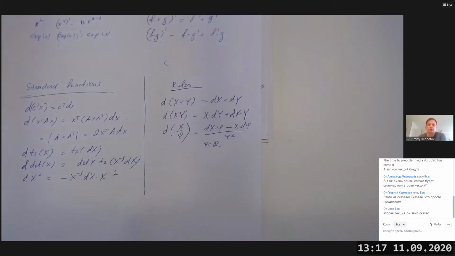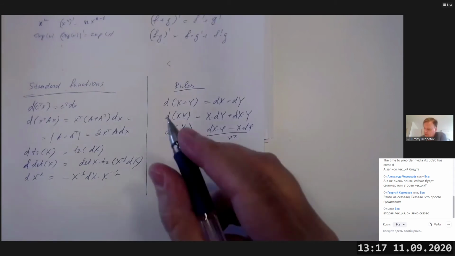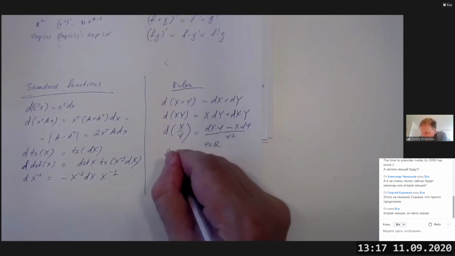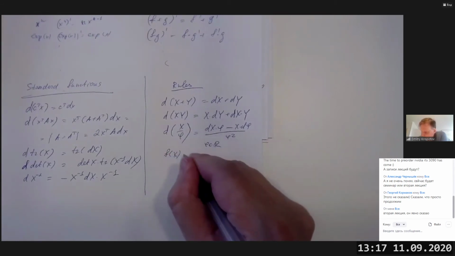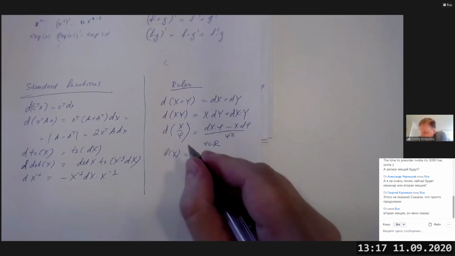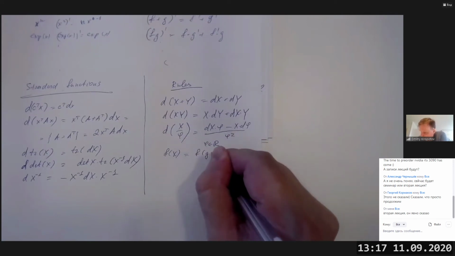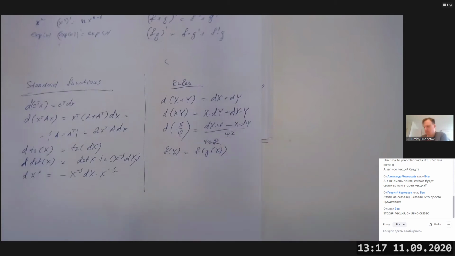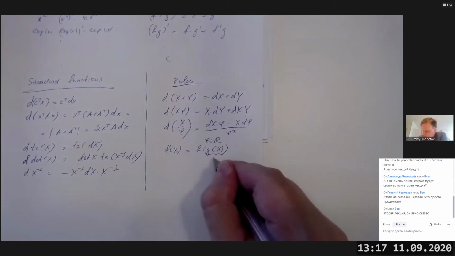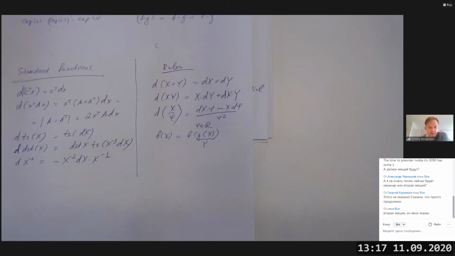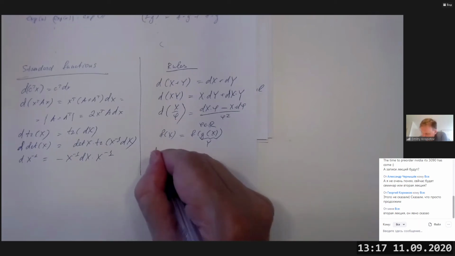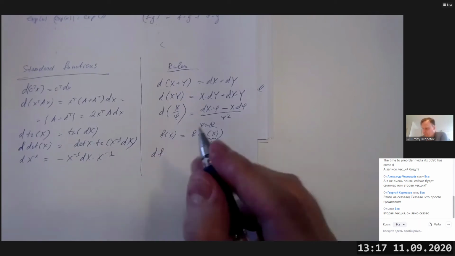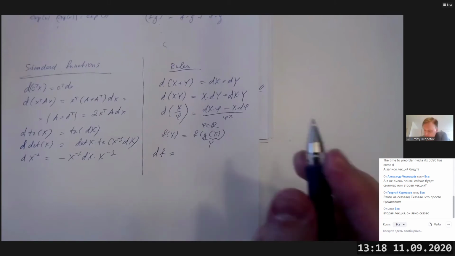And the last rule is the chain rule. So if we have a superposition of two functions, how to calculate the differential of this function? If we have f of x, which is f of g of x, and this g of x is y, then the differential of our function f can be written down this way.